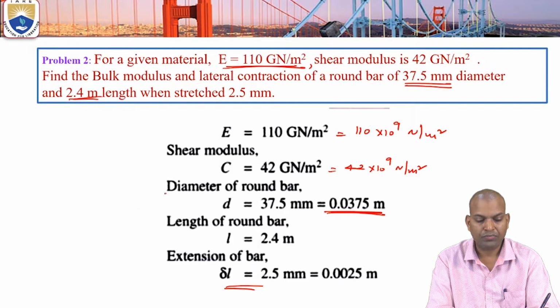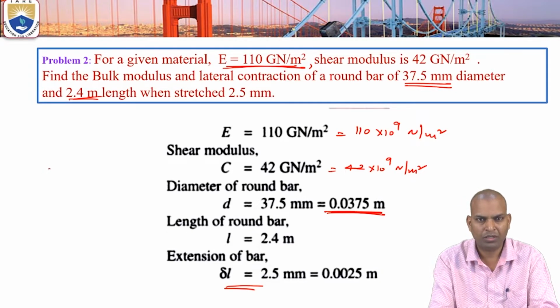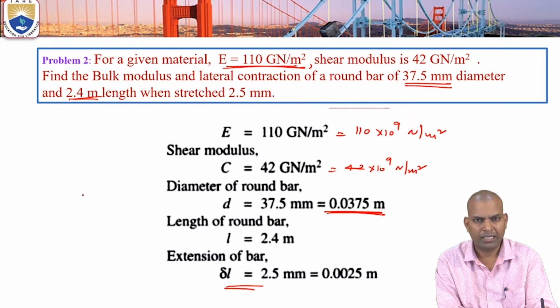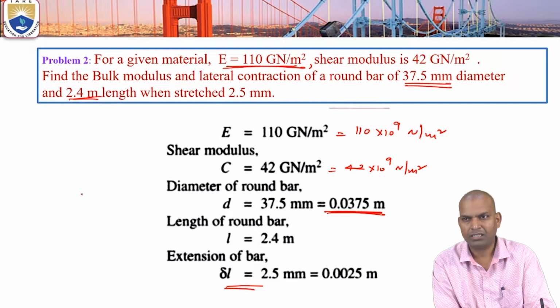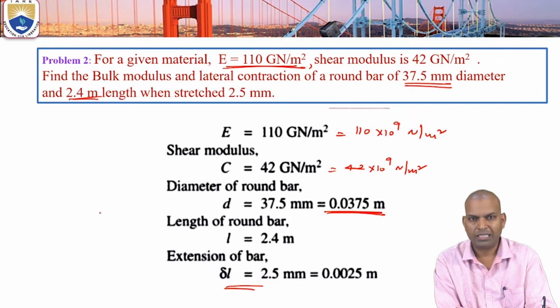In order to find the lateral contraction, that is delta D, we use the formula of Poisson's ratio: lateral strain by linear strain. The linear strain is delta L by L, and the lateral strain is delta D by D. So we have to find delta D.